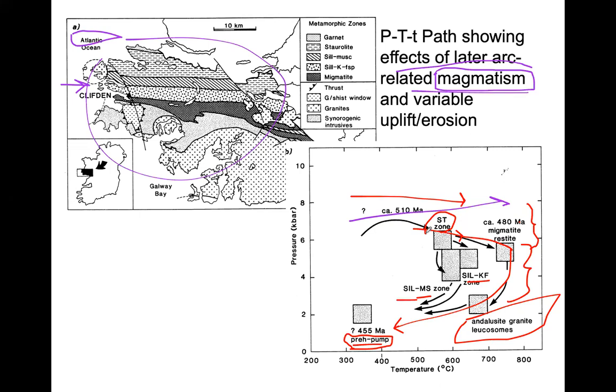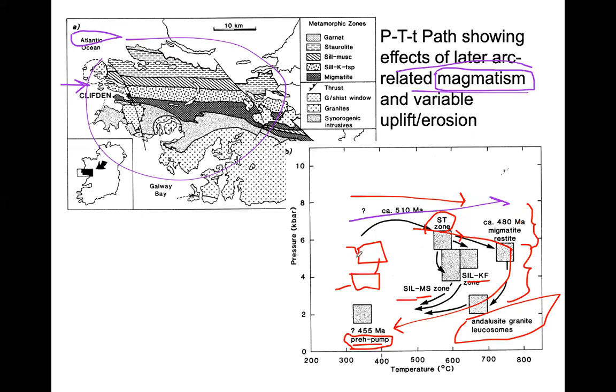Based on those, they have drawn some segments of PT paths, right? One segment here, one segment there, and one segment like that. Whatever you saw in mineral assemblages, you can mark with respect to their stability zonations.